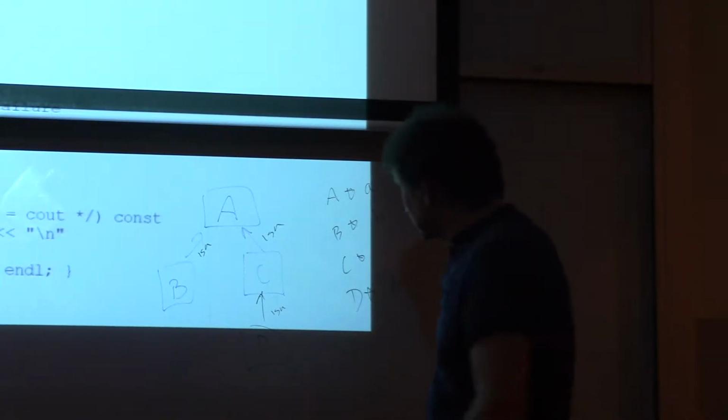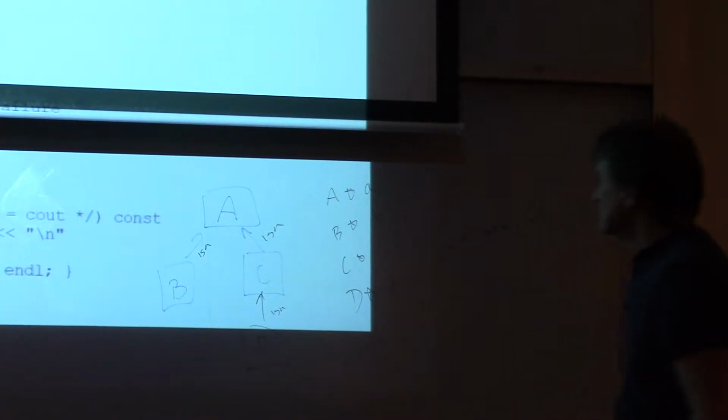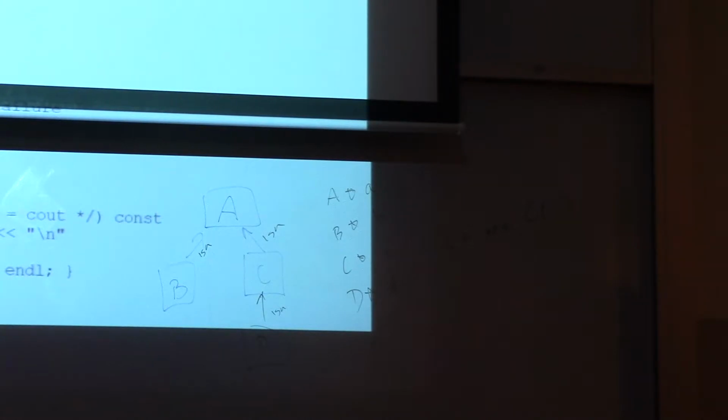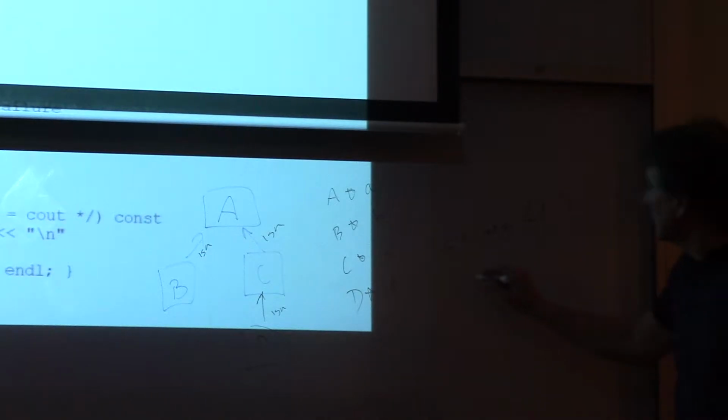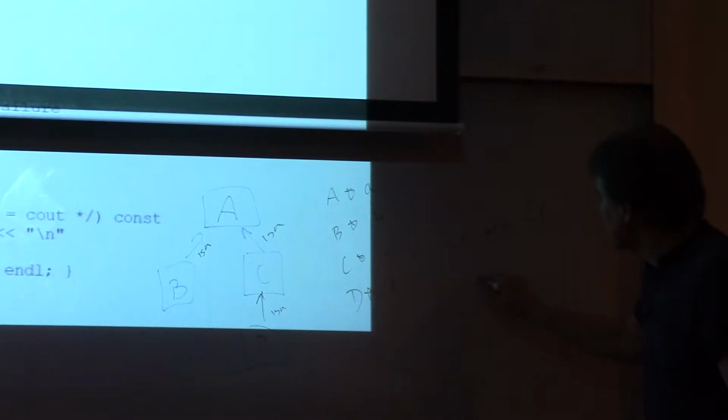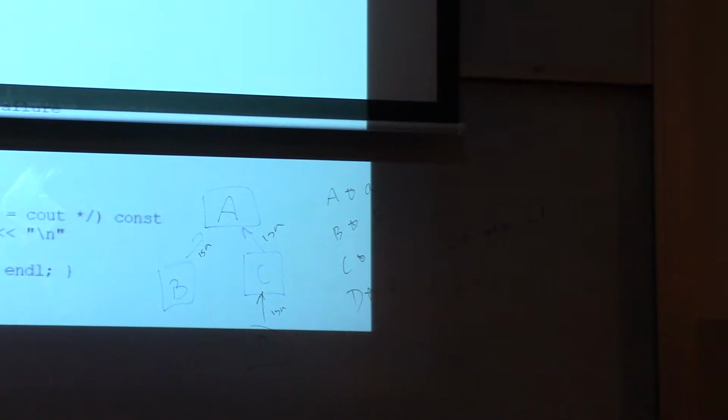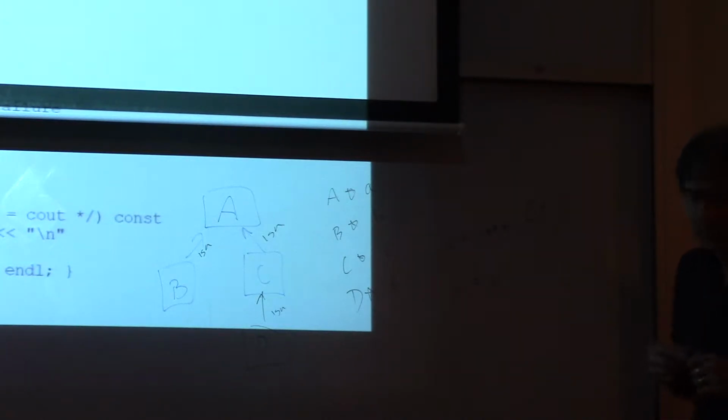Now, can I say A is equal to C? These are now pointers. Can the pointer A equal C? Well, if A is equal to C, then A is pointing at a C object.